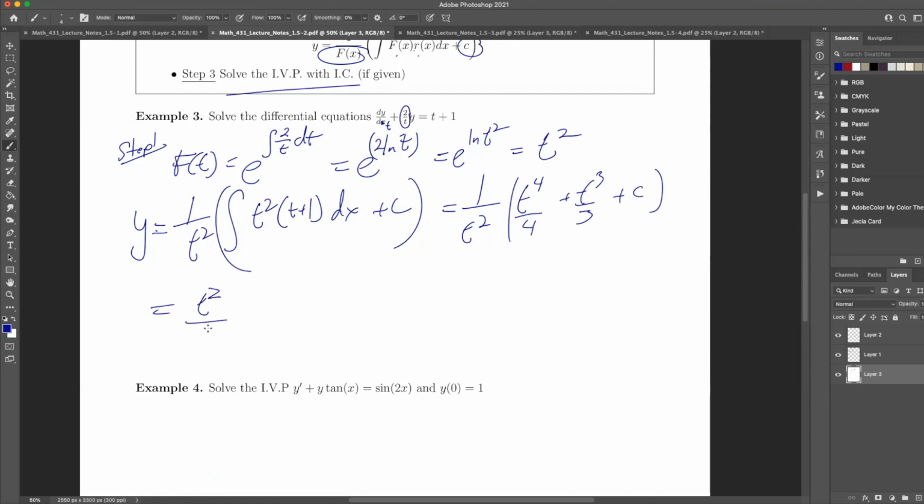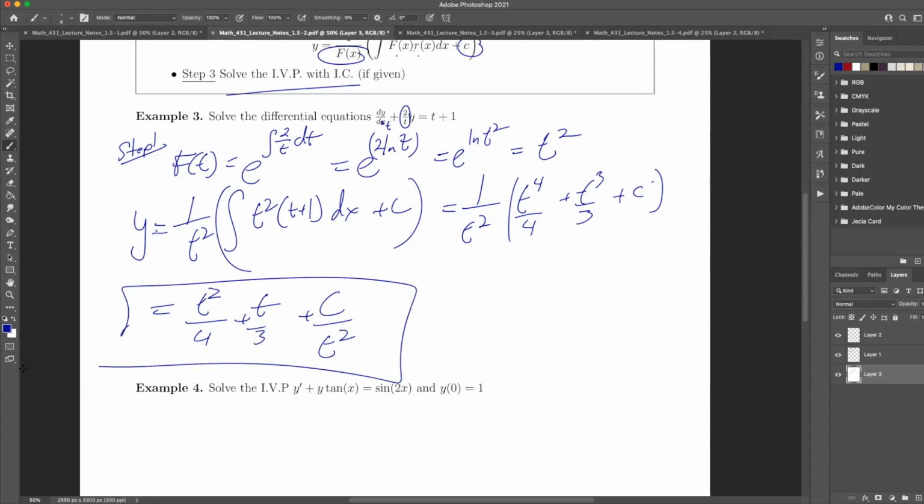So I get t squared over 4 plus t over 3 plus c over t squared. Notice that the c can eat any constant, but it cannot eat a variable. It's not strong enough to take on the variable. It's just not. So we have to leave it like this. When we divide out the t squared, we get this. And this is our answer. That's all you have to do.